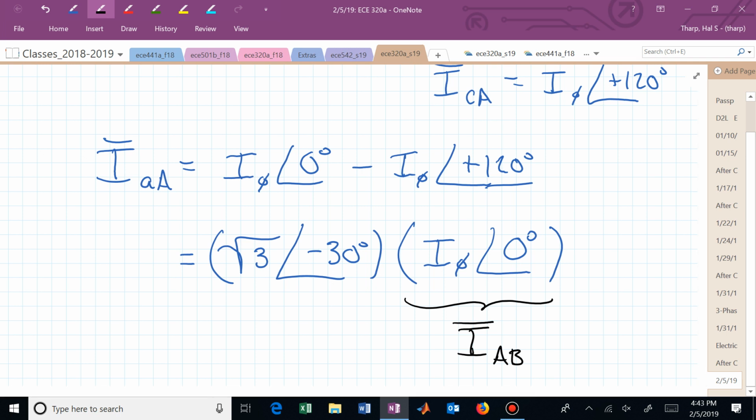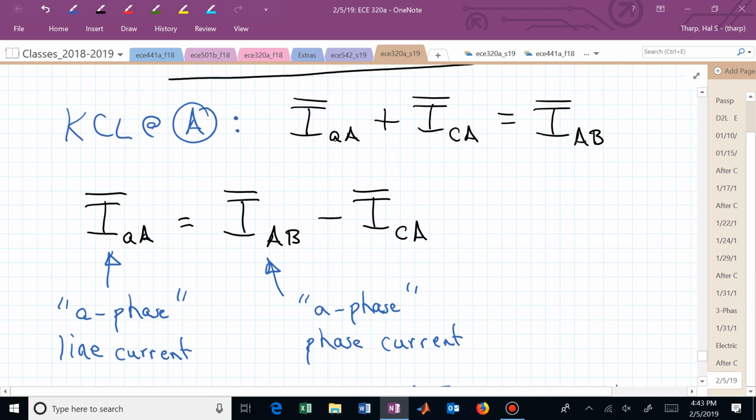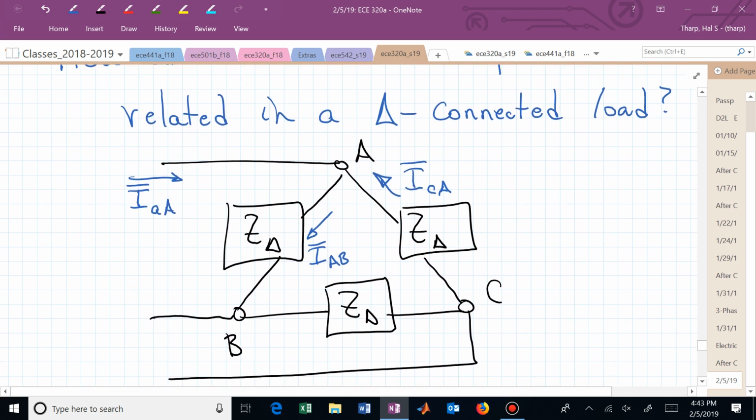And does that make sense? Now the line current is a bigger current than the phase current in a delta connected load. One way to maybe justify that or give you some intuition is just look at what's happening at terminal A via KCL. It takes two phase currents to combine to make one line current, is one way of thinking. So the line current must be a little bigger, and it is. It's a square root of 3 bigger.